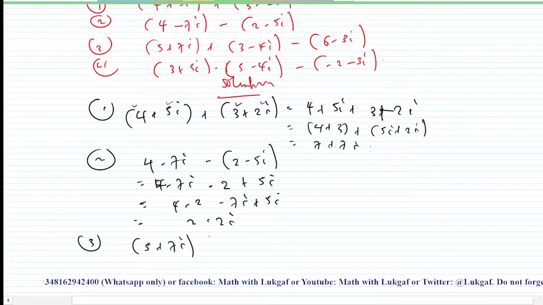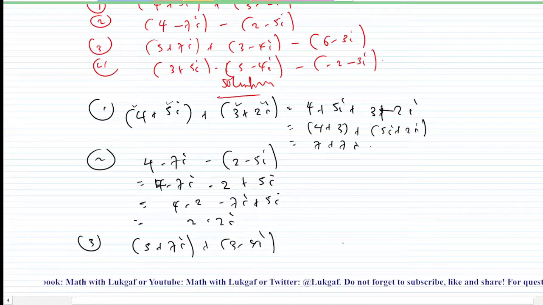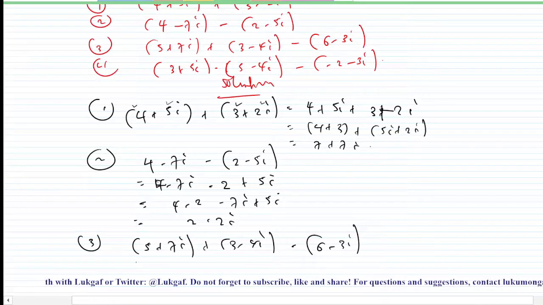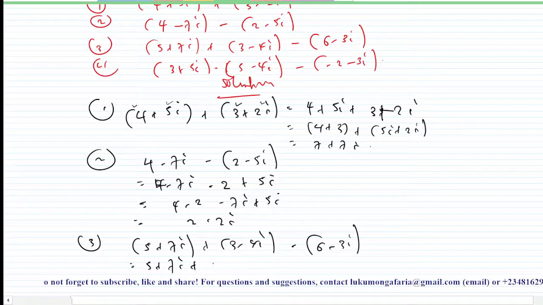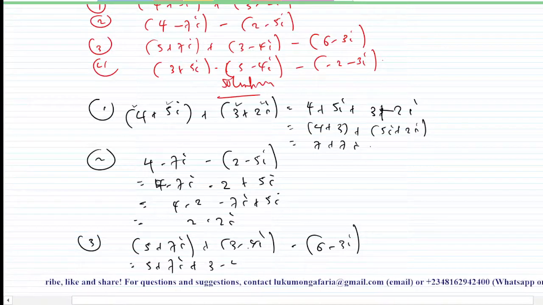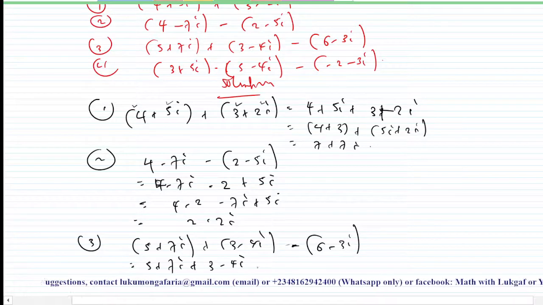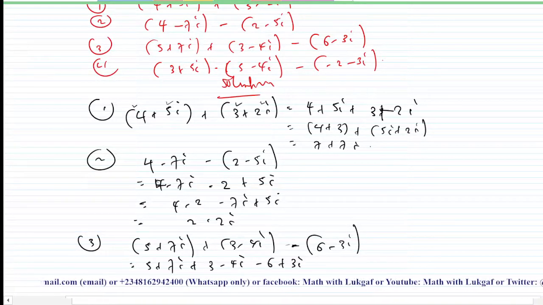So we have 5 plus 7i plus 3 minus 4i minus 6 minus 3i. This is not difficult to do as well, but let us open the bracket. I have 5 plus 7i plus 3 minus 4i. If you open the bracket, don't forget you have to be careful of this minus. And I have minus 6 plus 3i.